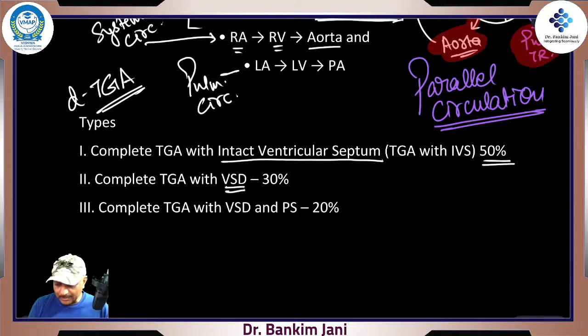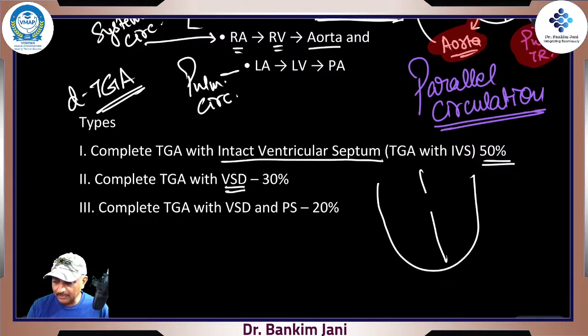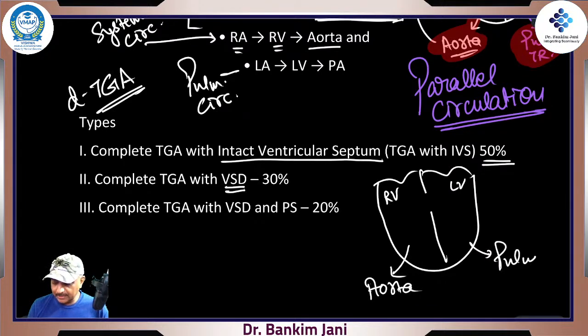But with VSD, so now things will be like this. Say that's the ventricle, and over here we have got ventricular septal defect, right? This is right ventricle, this is left ventricle, this is aorta, this is pulmonary trunk, right?